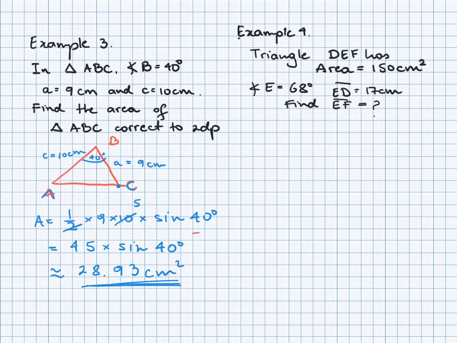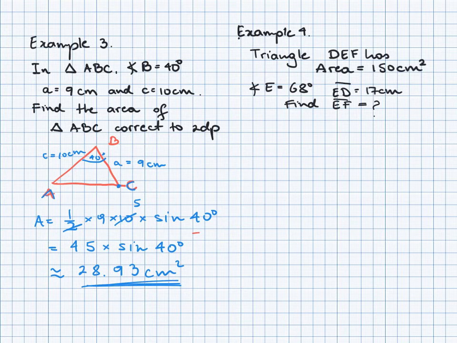I'm going to record as well when we use cosine and sine rule to find the unknown side in a non-right angle triangle. But before that, let's do this example.